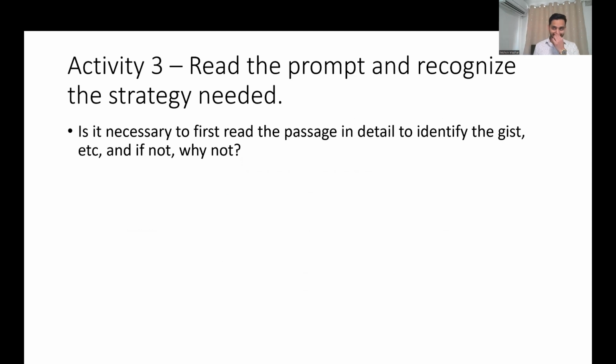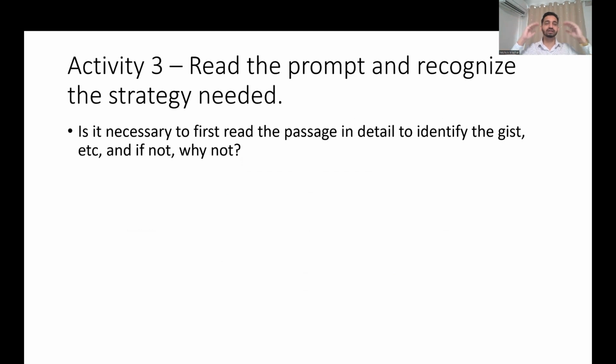Now, again, we talked about how there are a few prompts where it's going to ask you for the gist, and the best strategy for those is to read the prompt and then read the passage before you read the options.